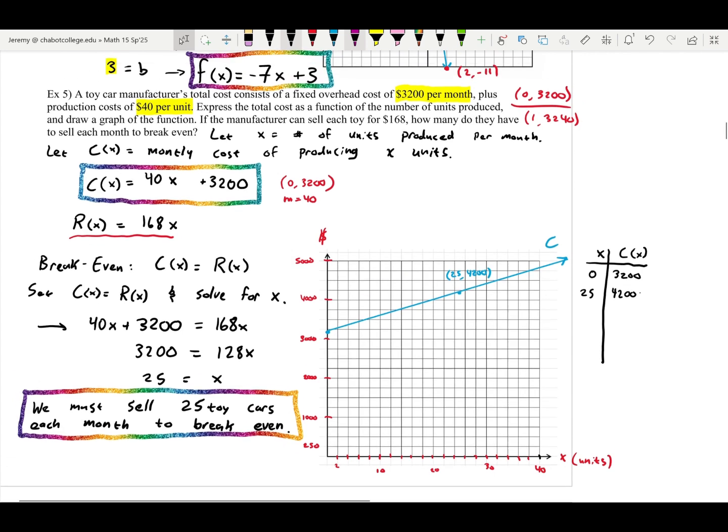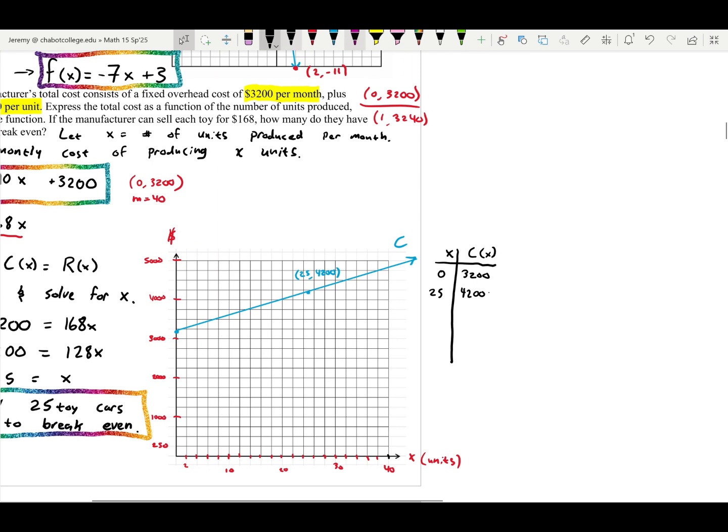All right. I also am interested in seeing what the revenue function is going to look like when we graph it. Mostly because it's going to be really easy to graph, because for R of x I could very quickly make a little table of values. x, R of x. I have the ordered pair 0, 0, right?